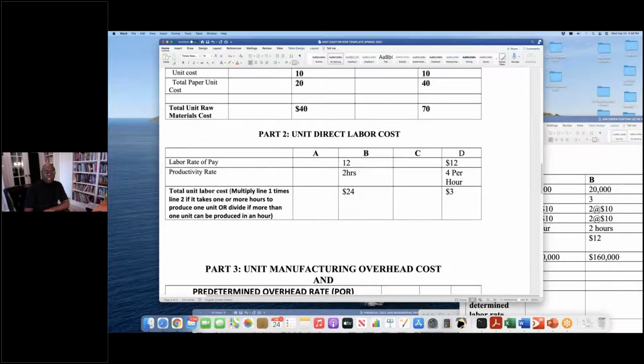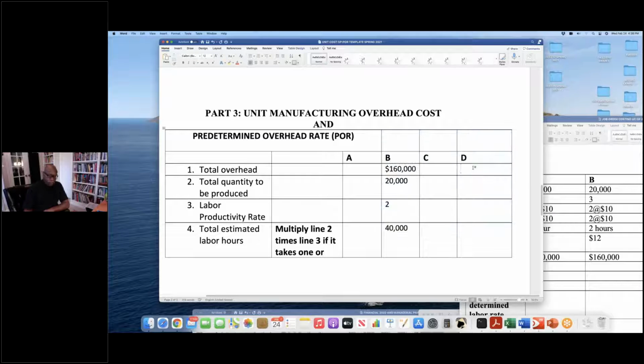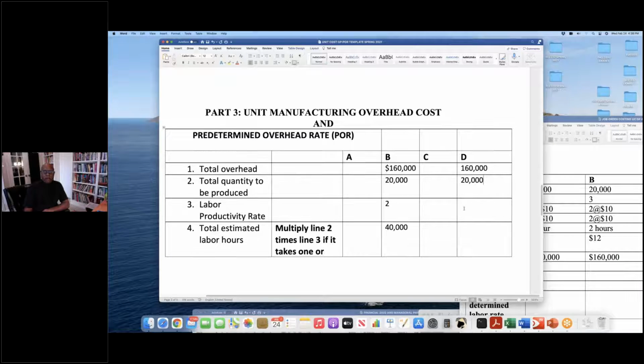Now we need to do the overhead. Total overhead shows 160. Quantity to be produced, 20,000. Labor productivity rate.